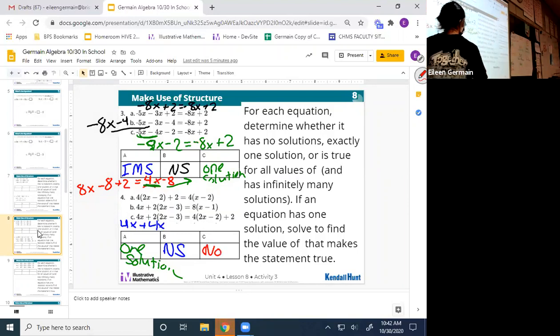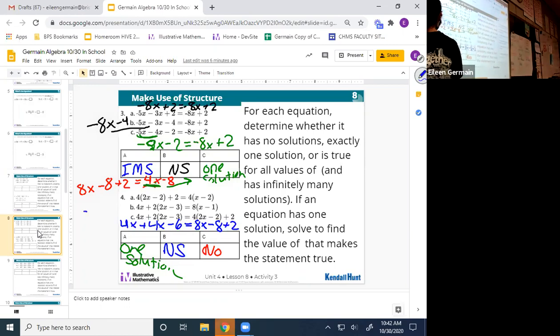So let me continue to distribute here. 8x minus 6 is equal to 8x minus 8 plus 2. Right? Was that what you guys got? Perfect. So then we combine our like terms.